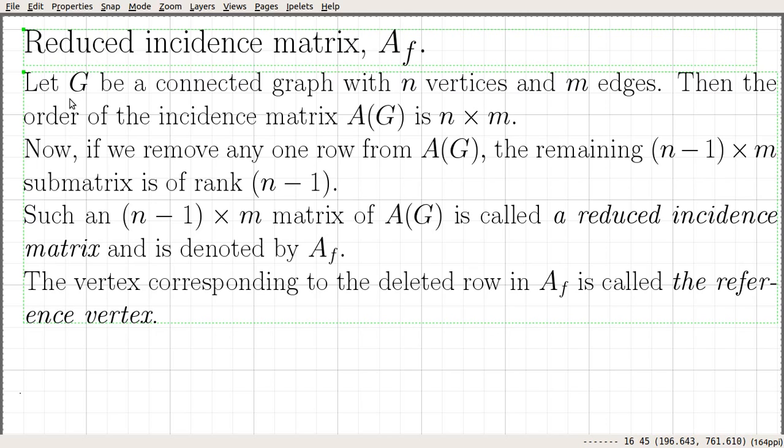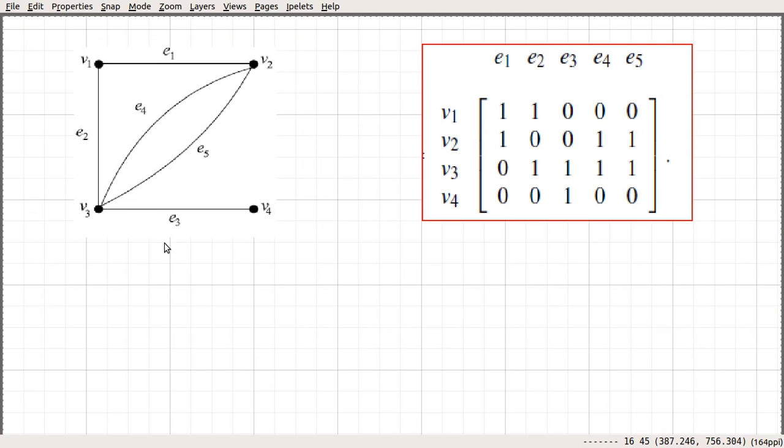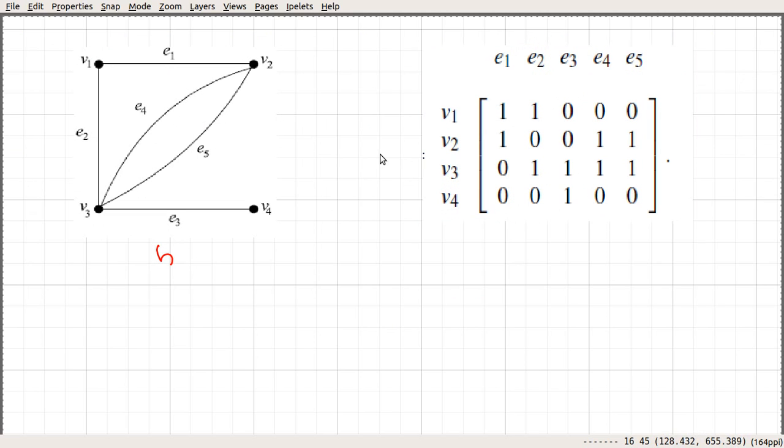Okay, so suppose that we have a graph G, and G is a connected graph with n vertices and m edges. Then in the previous video we saw how to define an incident matrix, and we saw that the order of the incident matrix is n by m. For example, if you consider this graph G, this matrix corresponds to the incident matrix for this graph.